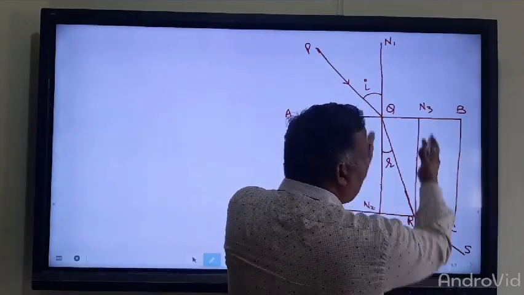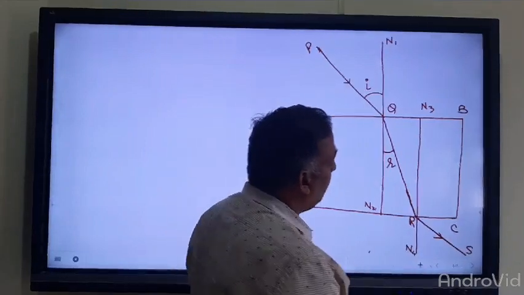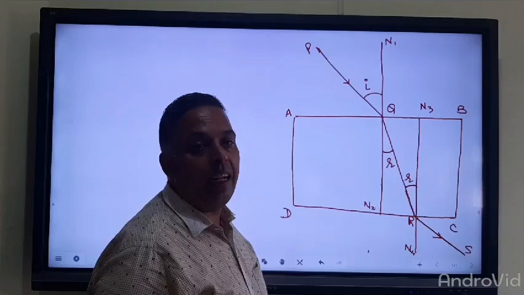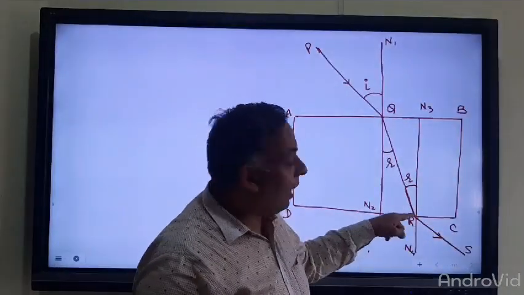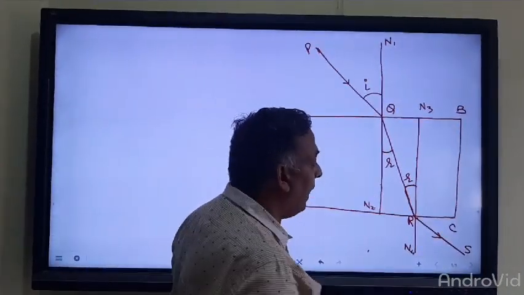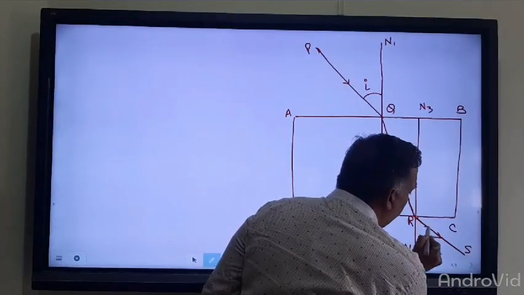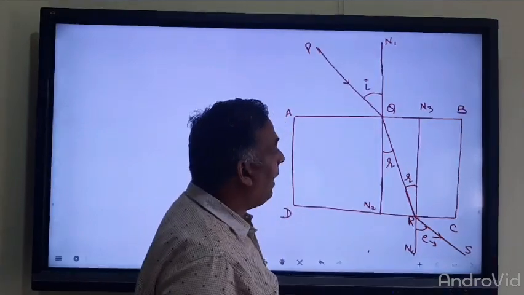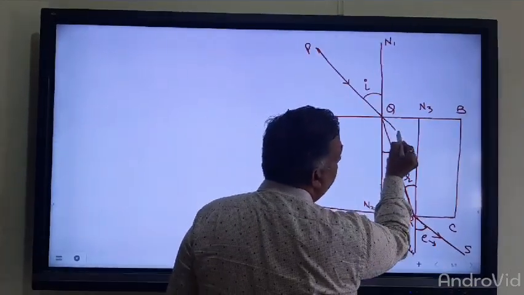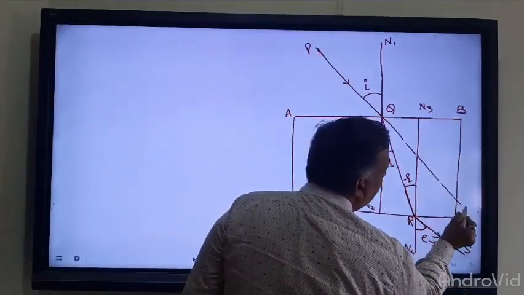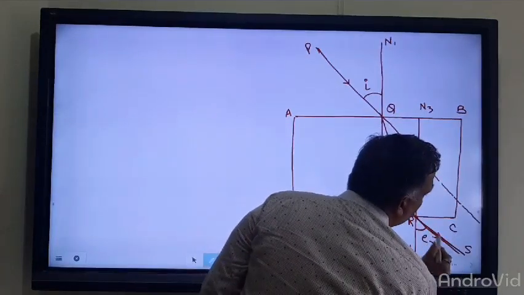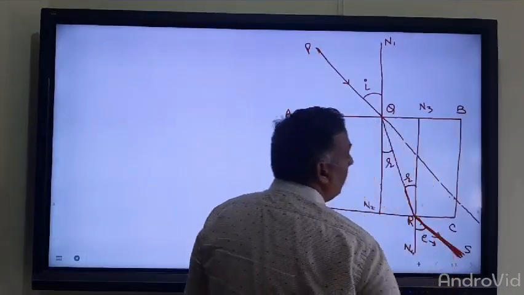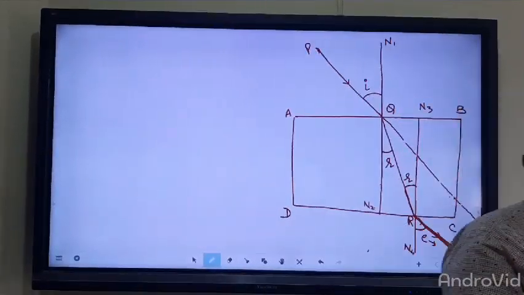Two normals are parallel to each other, so this angle will also be equal to angle r, and the ray after passing through the slab bends away from the normal. This angle is called the emergence angle, and when I draw it forward, if you see these two rays, they are parallel to each other, so this means they are displaced laterally.